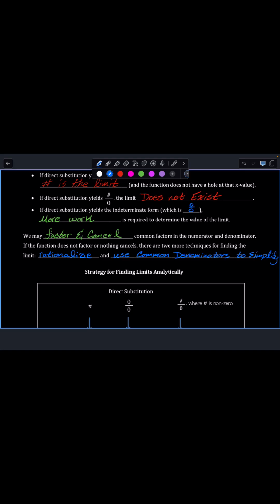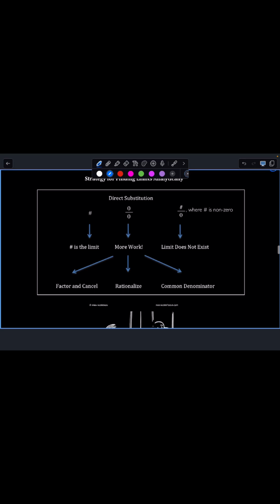Now, there are a few steps here. Look. Direct substitution. If I use direct substitution and I get a number, the number is the limit. The most ideal one, right? You follow? That's the perfect one, perfect world. We love those. We get our answer. We don't have to do any more work.